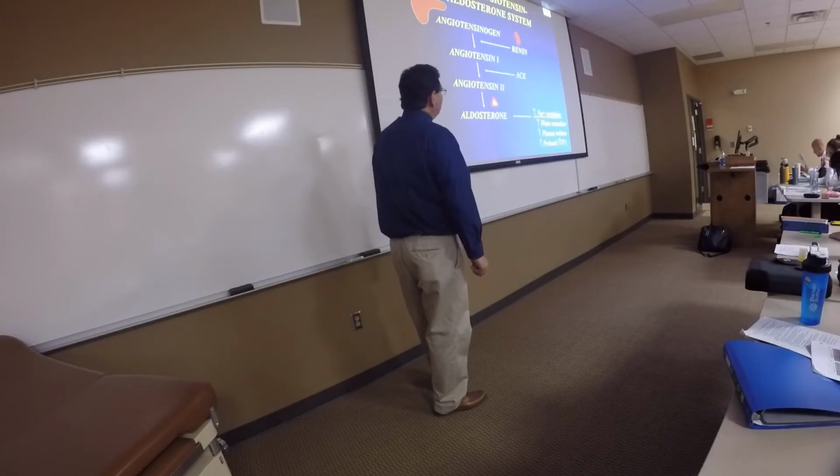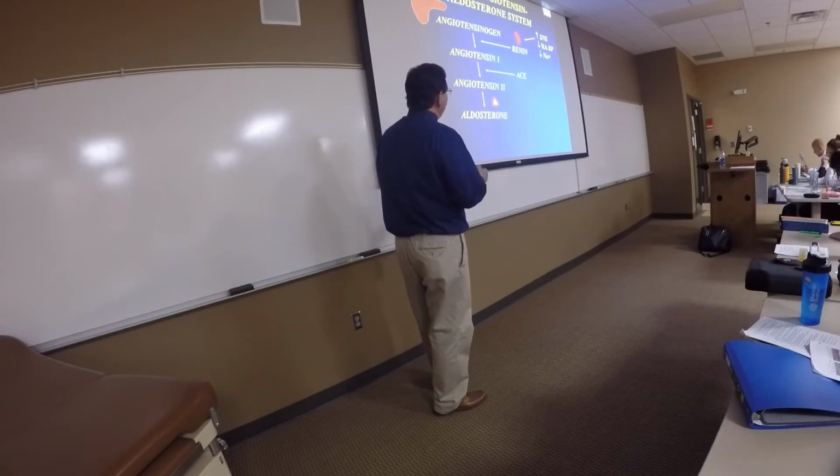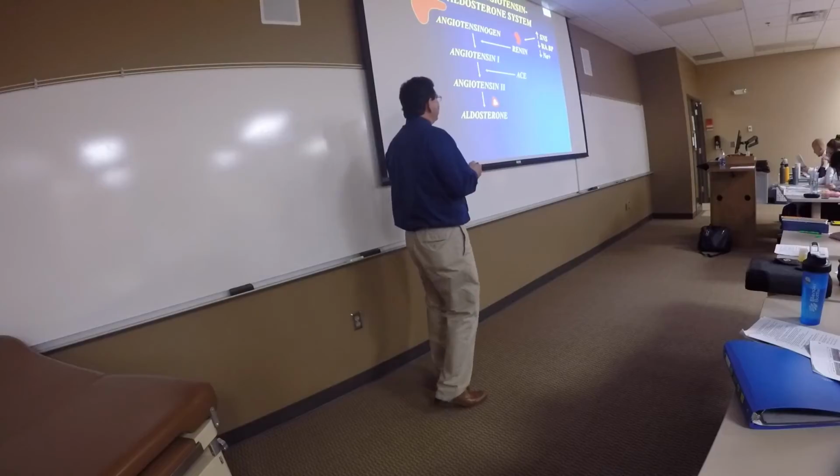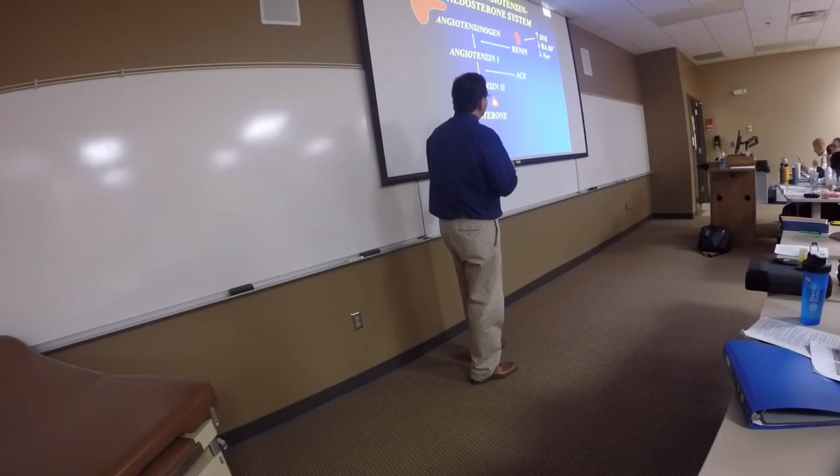If your blood pressure goes down, that renal afferent arteriolar blood pressure drops, and that will turn on this cascade. If your blood pressure is dropping, your sympathetic nervous system will turn on, and that also turns on this cascade.